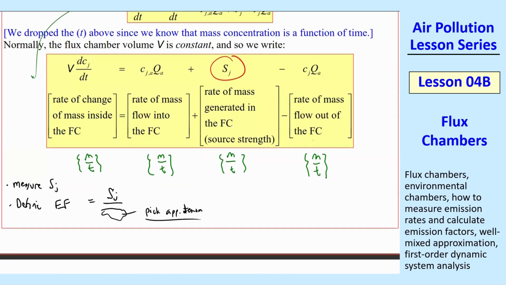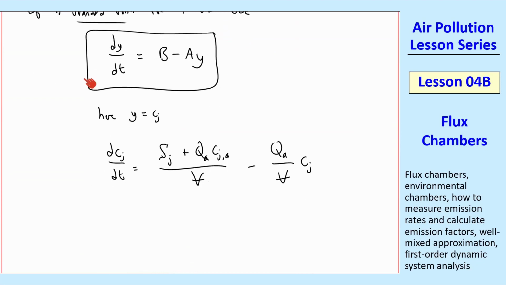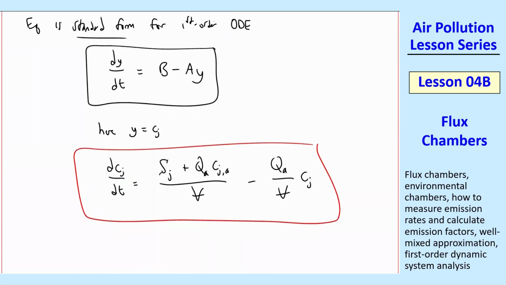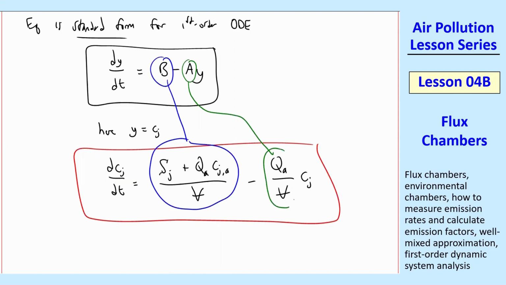You can see that that's exactly the same equation. These two terms do not have a CJ in them: CJ,A is just a constant, QA, and then the SJ. This one has a CJ in it, so I just group those and divide by volume, and I get this form of the equation. From comparing to this, I'll use color coding here. The b is equal to this grouping, and the a is equal to this grouping. The negative sign's already included in the a, so make sure you don't get that negative sign mixed up.